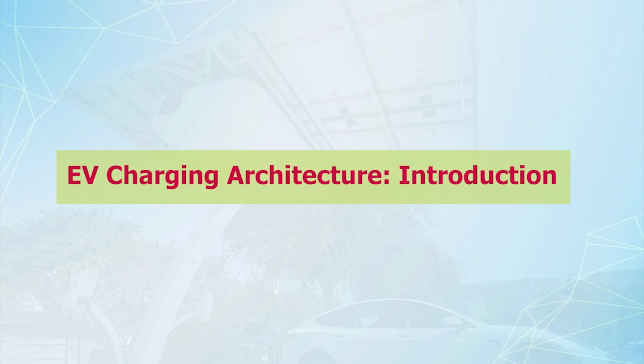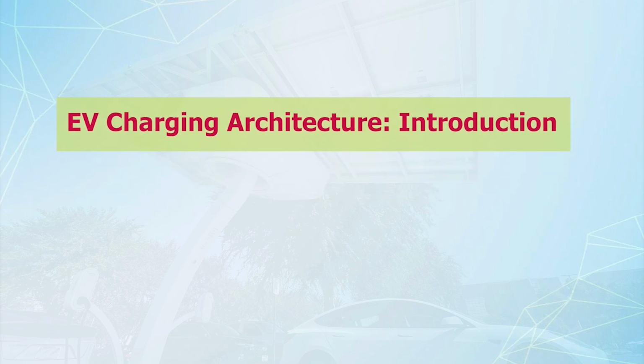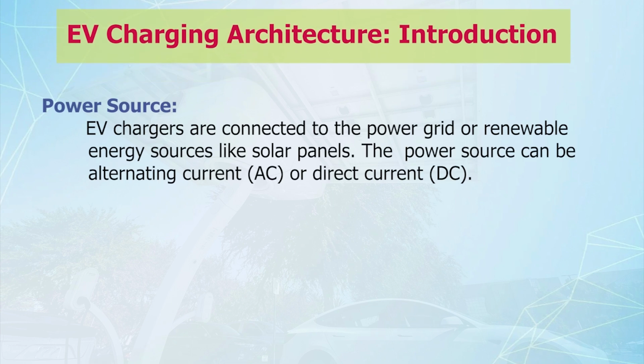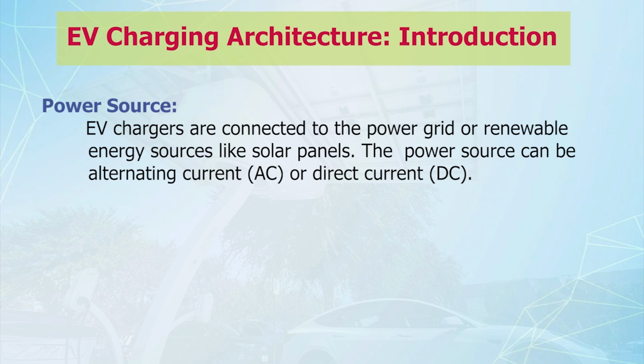So, there are various parts of EV charging architecture as shown here. First one is power source. Power source is essential for any EV charging station. If you have an electric vehicle battery or EV at the charging station, we need to provide power to these batteries, and these EV chargers are connected to the power grid or to the renewable energy sources like solar panels, wind energy systems.